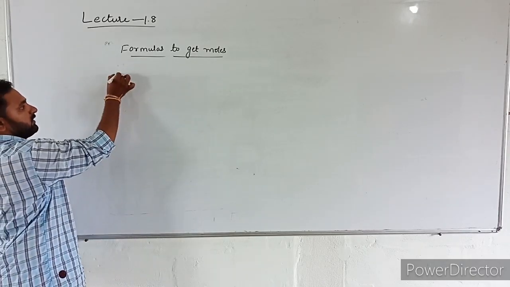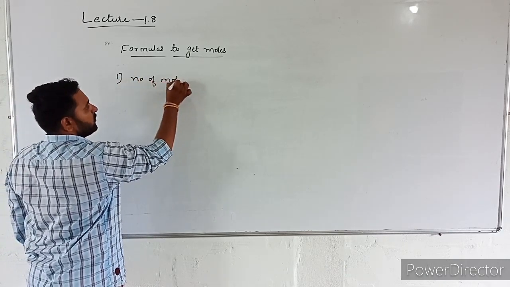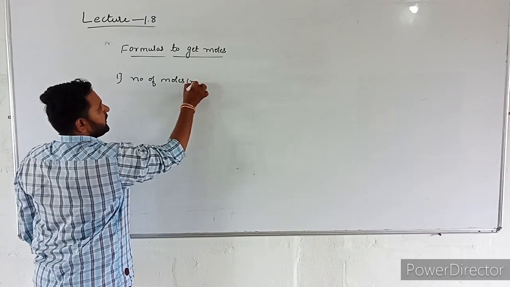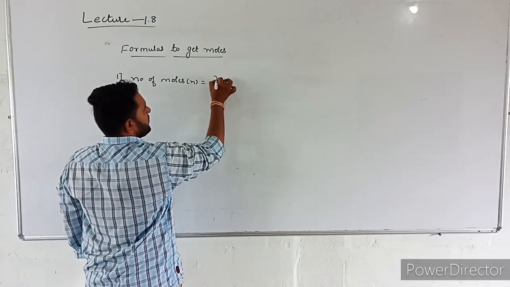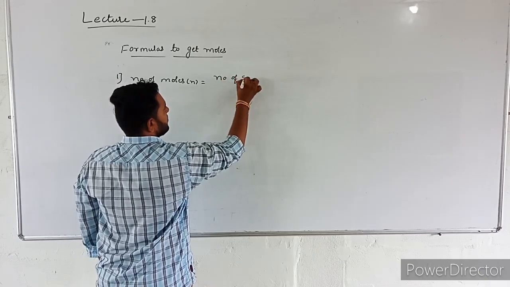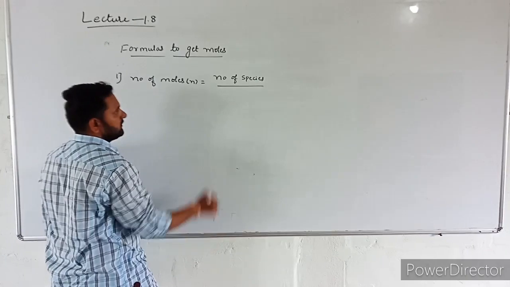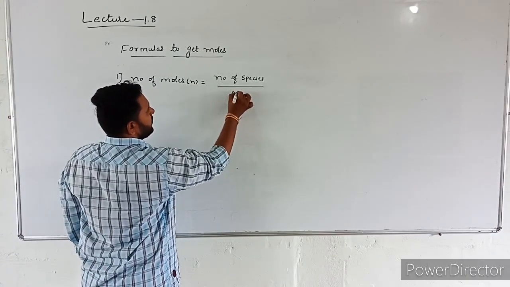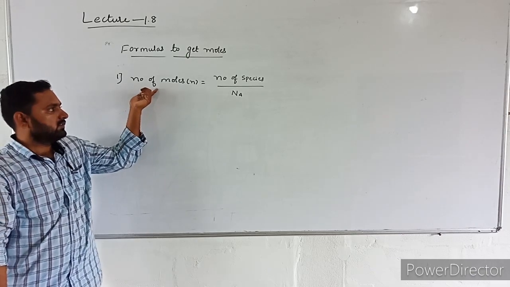The first formula: number of moles is equal to number of species divided by Avogadro number. This is the first formula.